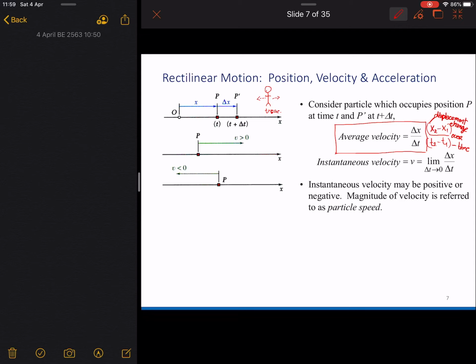If you are going forward, for example, at t equal to 1 second, your distance is now x equal to 1 meter, and this is x equal to 0 meters, so your velocity is 1 meter per second.